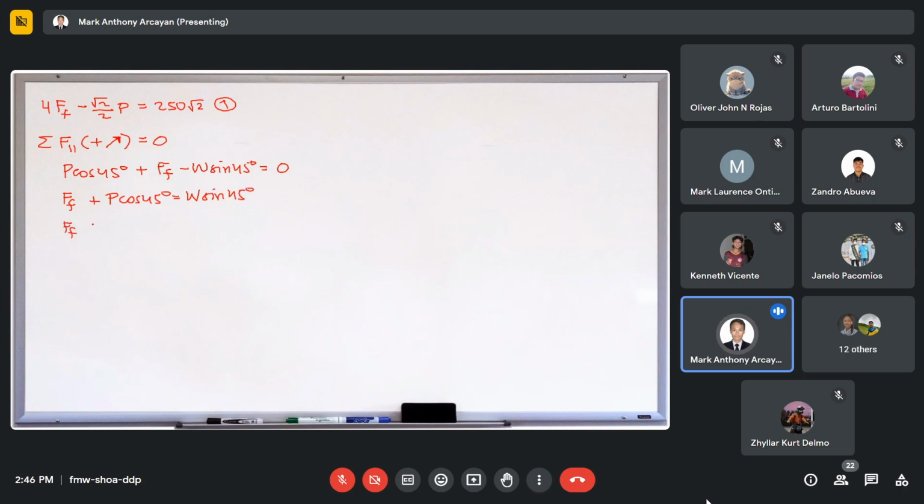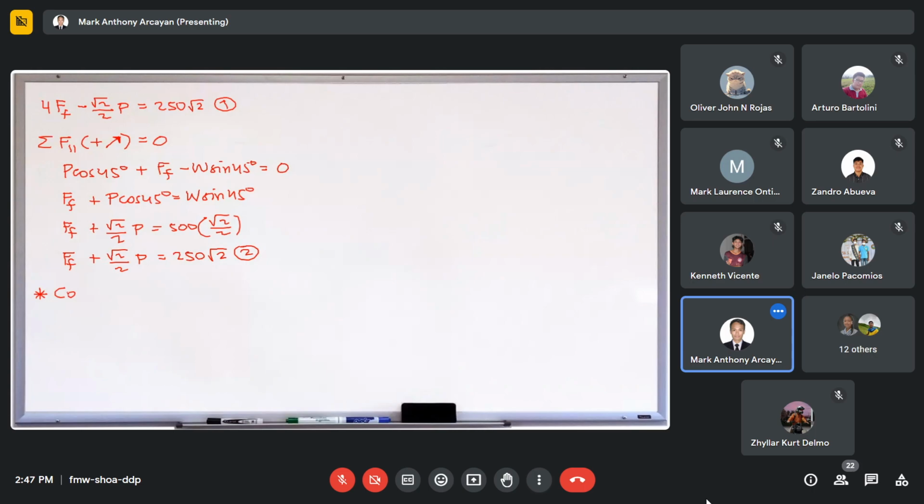So, this is square root of 2 over 2 P is equal to 500 multiplied by square root of 2 over 2. Simplify further. So, this is F sub F plus square root of 2 over 2 P is equal to 250 square root of 2. So that is equation 2.